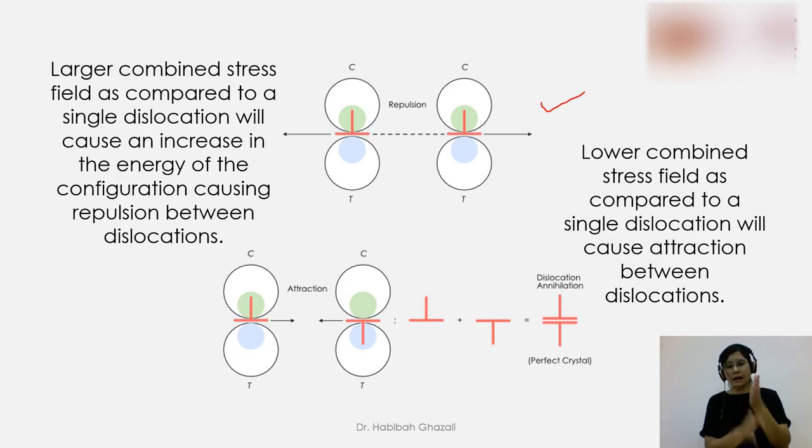So we highlight that there will be dislocation annihilation when two dislocations of different sign meet each other. So that is how two or more dislocations interact with each other.